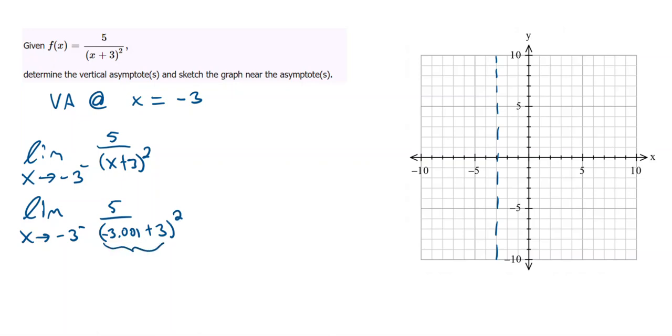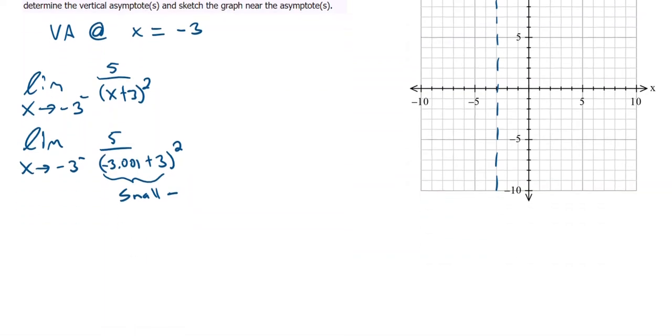Negative 3.00001 plus 3 is giving us a very, very small negative number in the bottom. So this is giving us a small negative, okay? And it's squared, which actually just ends up making it even smaller, right? If you take a very, very small number and square it, it gives you an even smaller number.